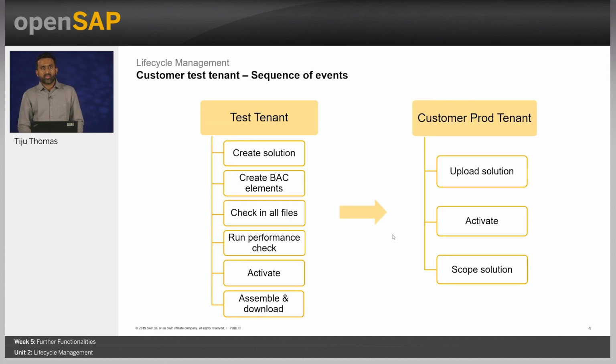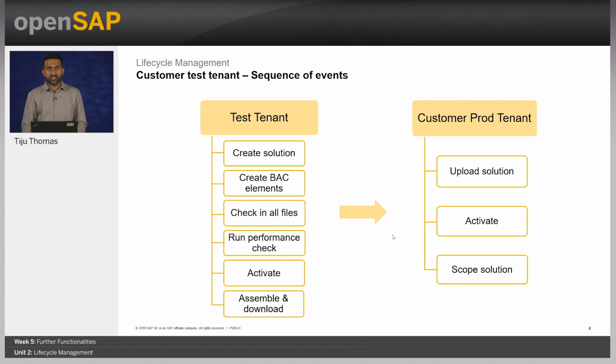This slide gives you a brief idea of the various steps involved during the add-on development. In the earlier video units of this course, you have learned how to create a solution in Cloud Studio, the importance of having a bug element for scoping, and productive use of your add-on solution.